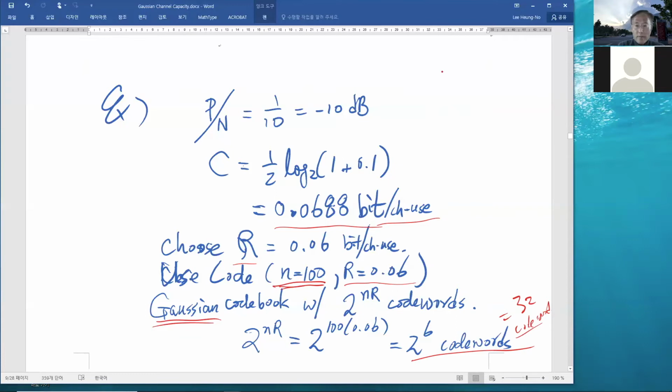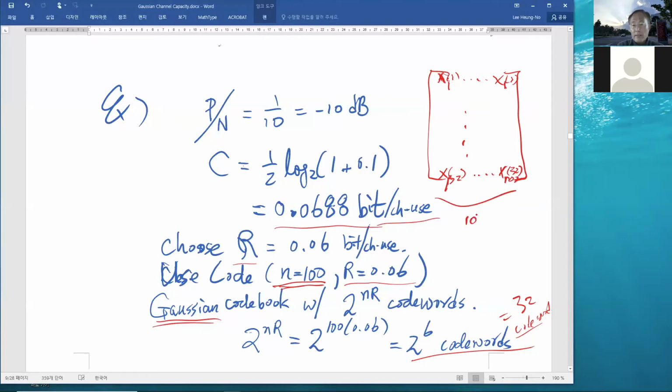So when you design a codebook matrix, you have x1, the first code word, all the way up to x32, and N is 100.